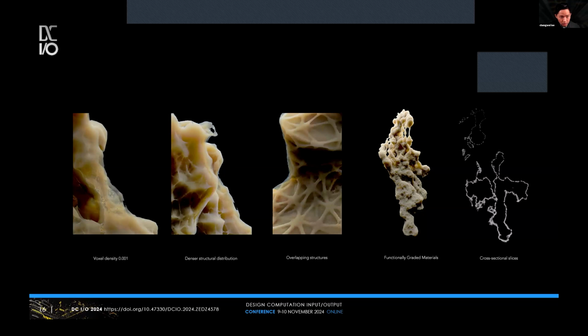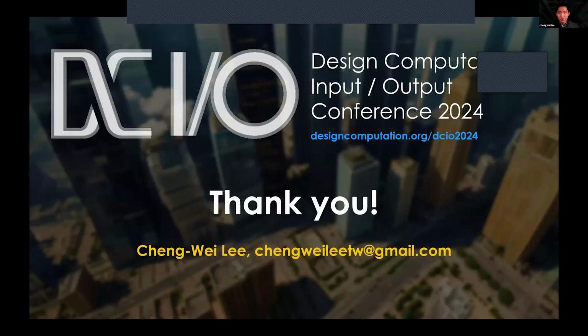I tested different voxel densities and density structure distributions, and I tried to create a similar bone-like structure, with structures overlapping each other. On the right-hand side, in the cross-section of the slice, you can see the structure is heavier on the bottom and eventually grows to almost empty on the top. Okay, thank you very much.